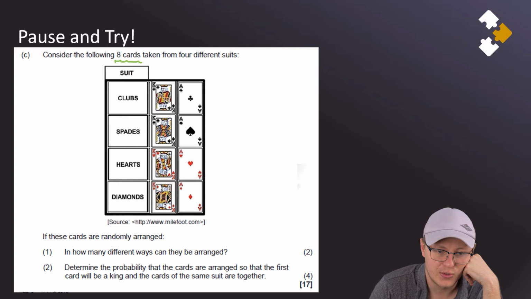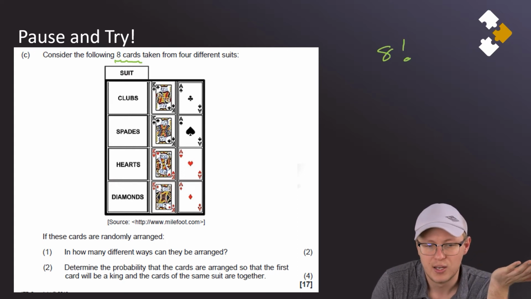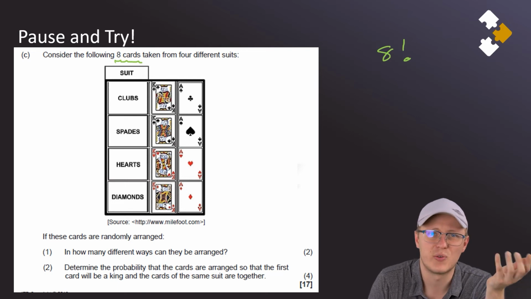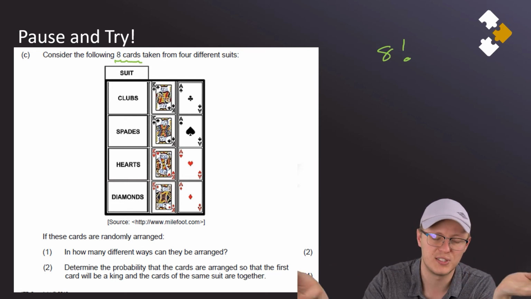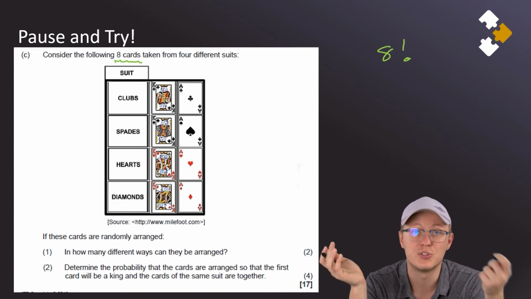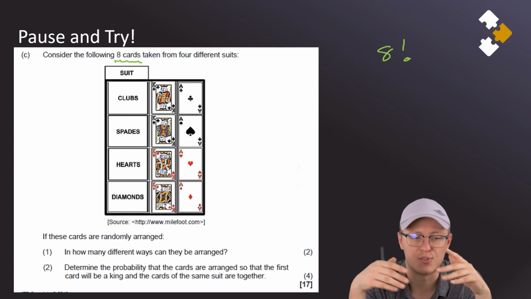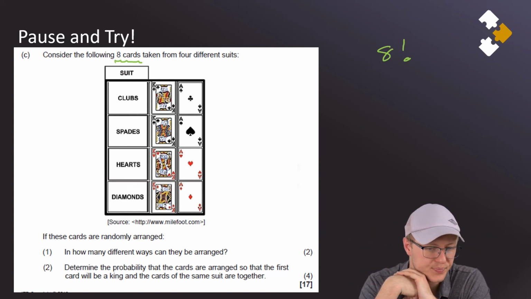So they can be arranged in 8 factorial ways, because we have to choose 8 positions, and once we choose something in a position, it can't be in the next position. You've only got 1 ace of spades, for example, in the deck.